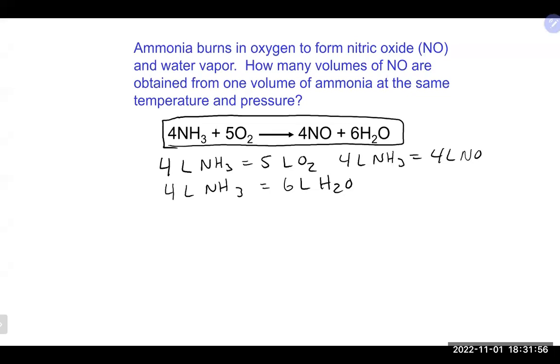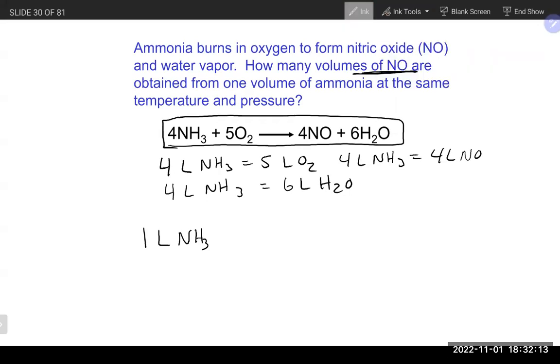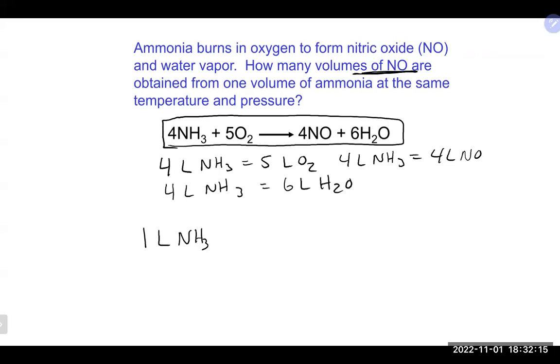So in this particular case, we want to know if we had 1 liter of ammonia, how many liters of NO would we get? So we could use the relationship just like we would do in a mole to mole relationship and find it between NH3 and NO, which is right here.